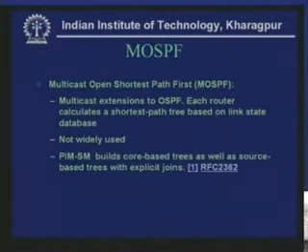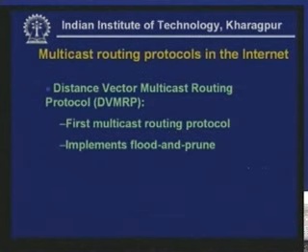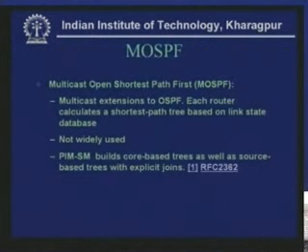Just as RIP gives you the distance vector routing, if you remember, the distance vector routing is the distributed Bellman-Ford algorithm, which is implemented by RIP, and the centralized Dijkstra's algorithm, the link state algorithm, is implemented in the routing protocol called OSPF, Open Shortest Path First.